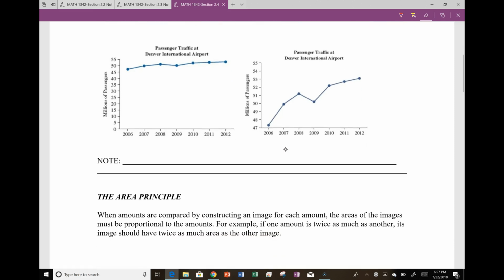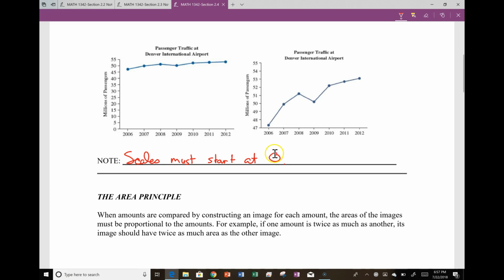So one note here is that our scales must start at 0. Otherwise, they're going to be misleading. Okay?